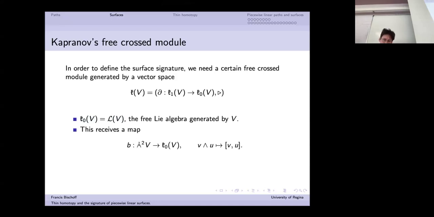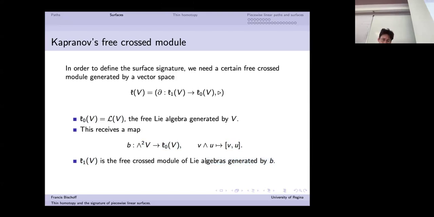Now this receives a map B from wedge 2 of V into this free Lie algebra by taking V wedge U and sending it to the Lie bracket of V and U. And from this map, you can generate a free crossed module. So this is the free crossed module of Lie algebras that's generated by this map B.